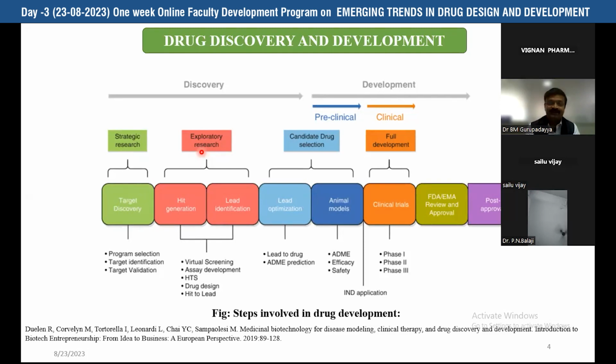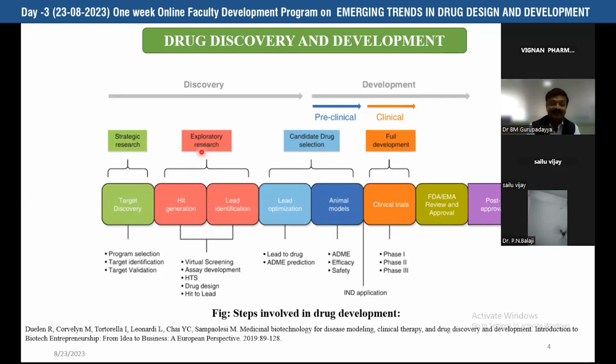At the initial stage, we identify the target, followed by how to validate it. Once you identify the disease, accordingly we identify the molecules by designing them, either using computer-aided drug design facilities, or by moving on to virtual screening, assay development, high throughput screening, drug design, and hit to lead.